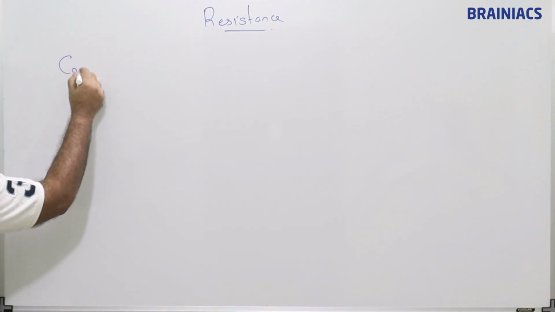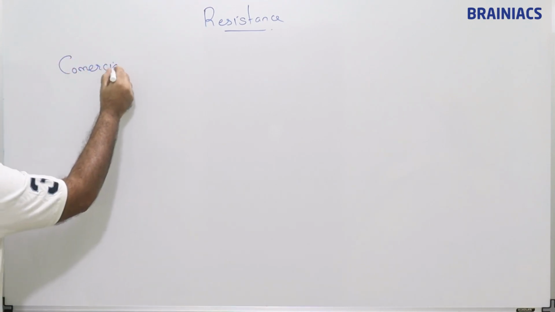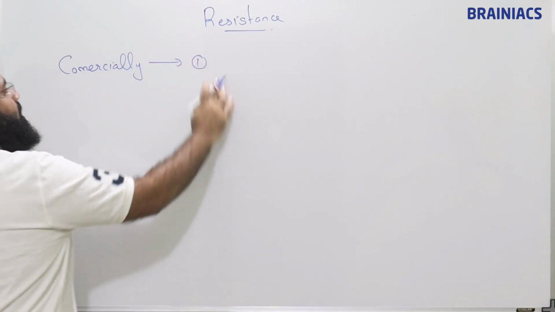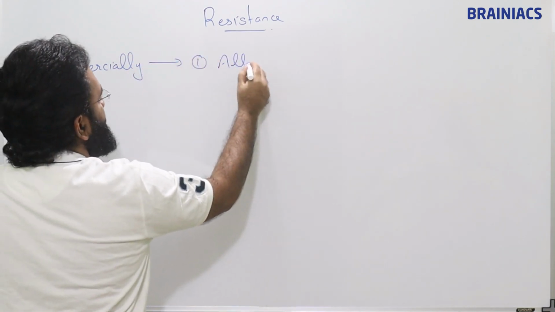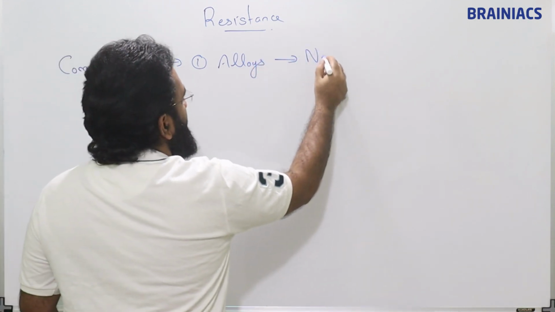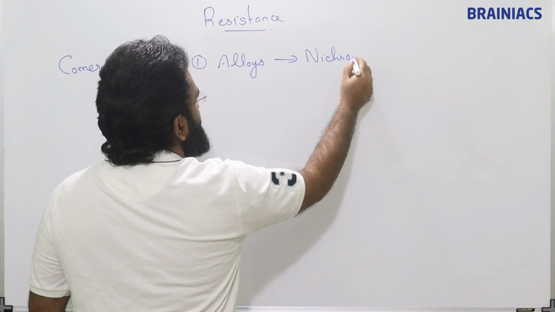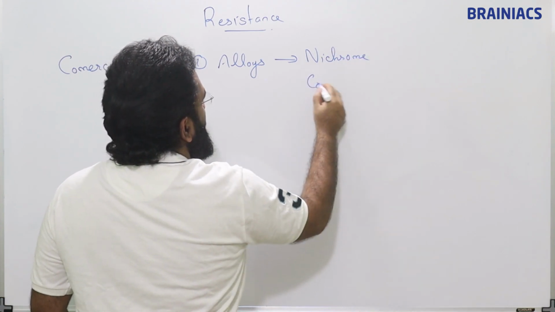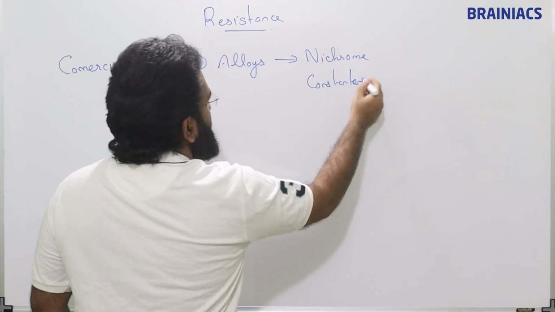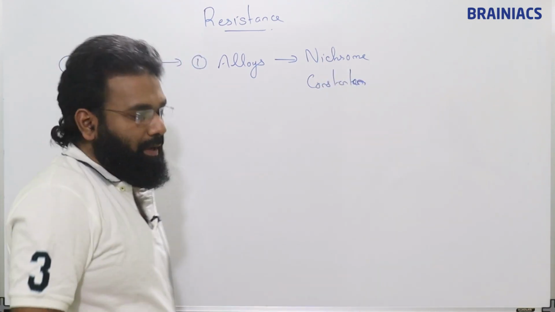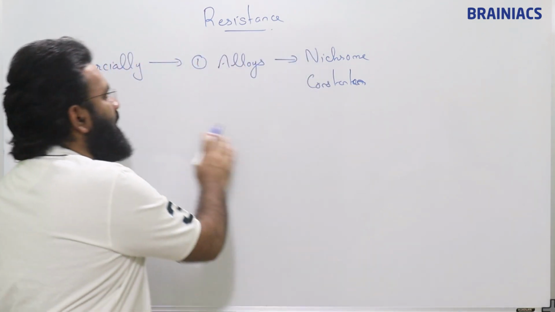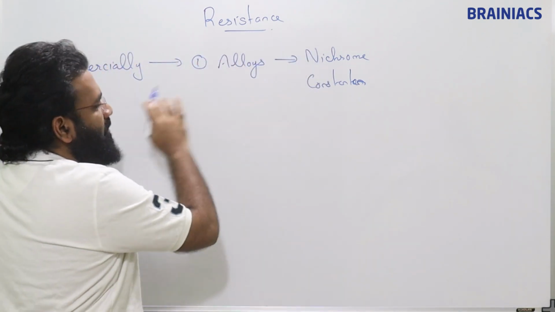When we manufacture resistance, the first type is by using alloys, like nichrome and constantan. These kinds of alloys will be used and resistors will be made.